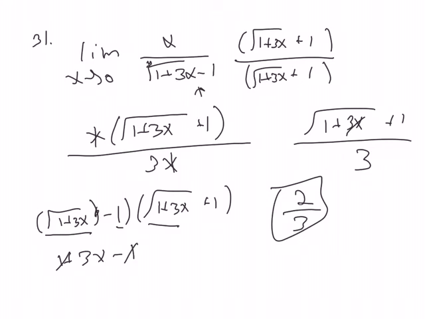Okay, next problem. Now I'm going to do problem 33 using the squeeze theorem. Maybe I should just quickly state what the squeeze theorem says. This is on page 83.